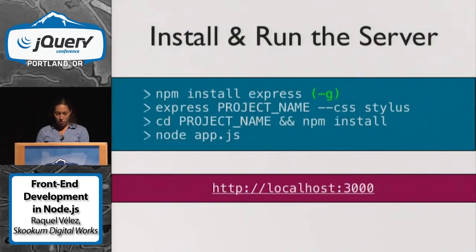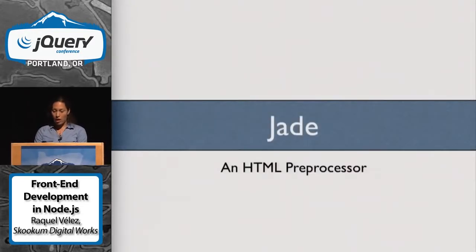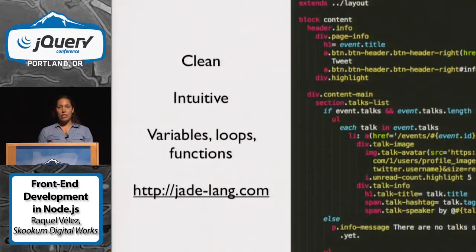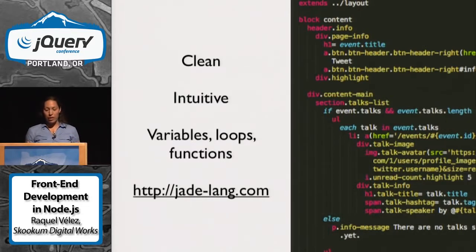All right. So now we want to make it a little bit prettier. So Jade, who's familiar with HTML preprocessors or templating agents? Yeah? Not really? Okay, cool. So I'm going to go into a little bit more detail on these. Jade is essentially a templating engine that's nice and clean, it's intuitive. I love it. It's my favorite.